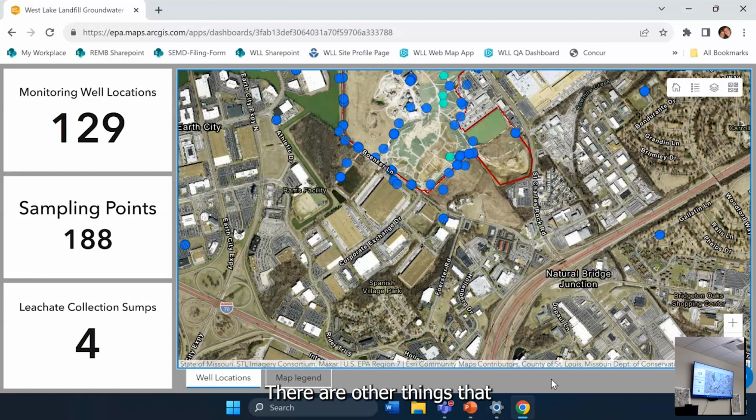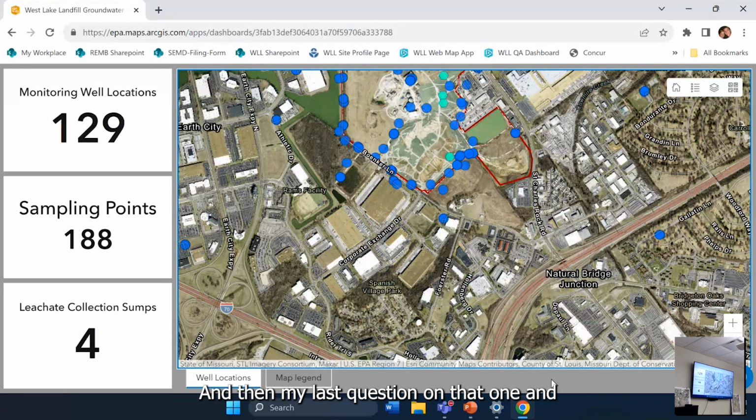There are other things that can be done for certain compounds, like if you have really high chlorinated solvents, sometimes they'll put in an iron wall of iron filings. When the solvent migrates through it, it basically degrades to something else. We don't see those levels of VOCs here, so we don't think that something like that, which could be disruptive, is a potential here.